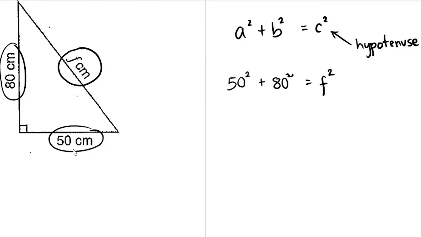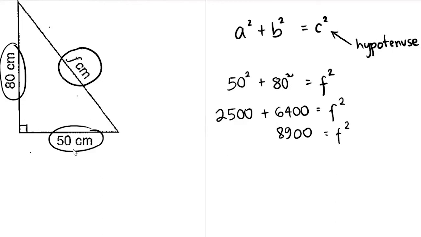Simplifying the left hand side, 50 squared is 2500, and for 80 squared, it would be 6400 by using a calculator. Summing these two numbers, I would get 8900, that is equal to f squared. And so, square rooting both sides, I would get the square root of 8900 is equal to f.